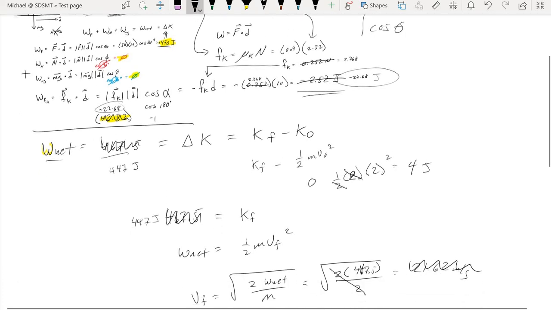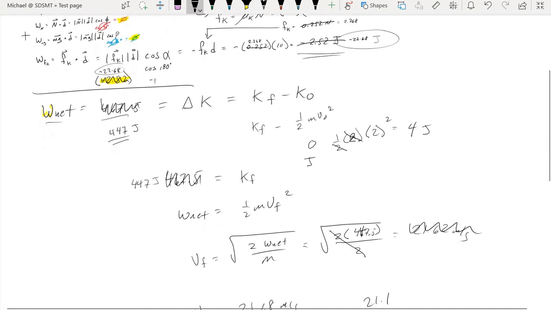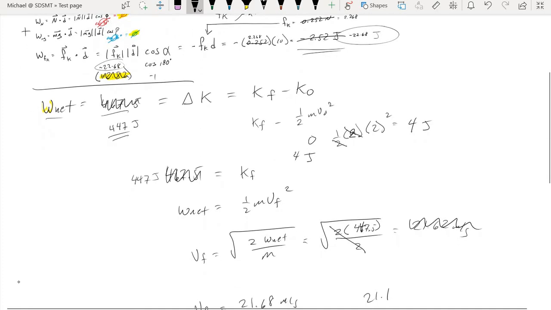That would have been the initial kinetic energy for the system, 4 joules. Does having an initial kinetic energy of 4 change the fact that all of our forces are still doing the same amount of work? The answer is no. We're still going to have the same amount of work done.